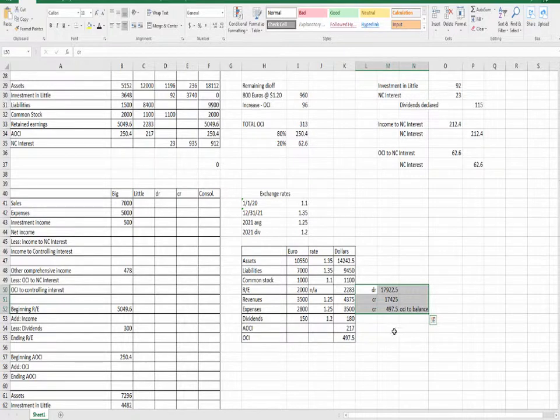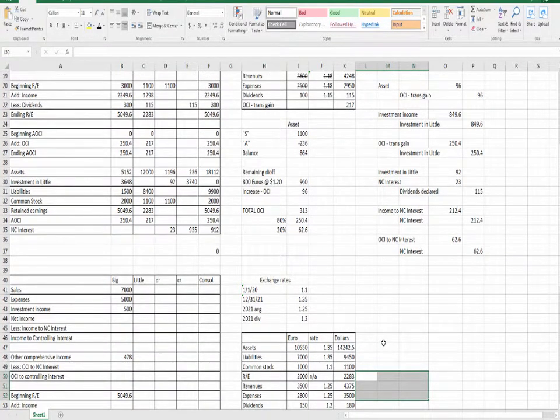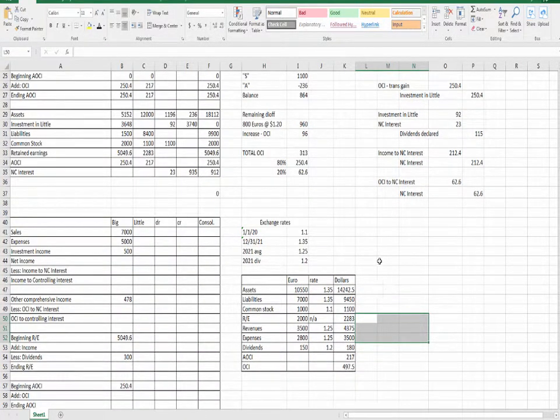Let's go ahead and do the same thing we did previously with our elimination entries. S, as always, we eliminate the beginning of year owner's equity accounts. Carry forward the differential asset. Let me scooch these over so they're not right up against there. And also, Little now has in their dollar-denominated trial balance some accumulated other comprehensive income.